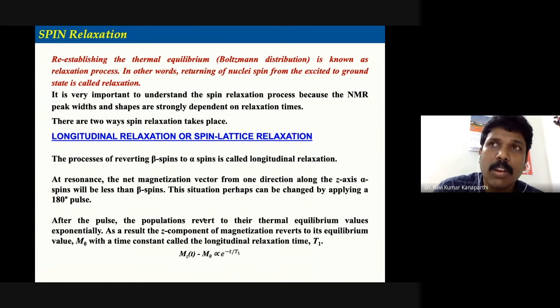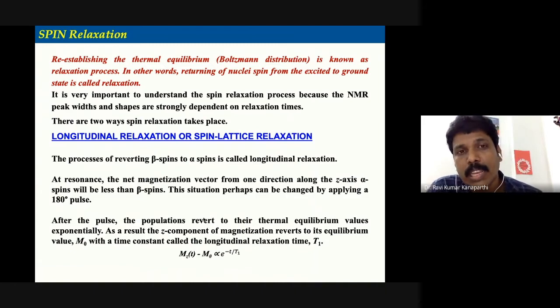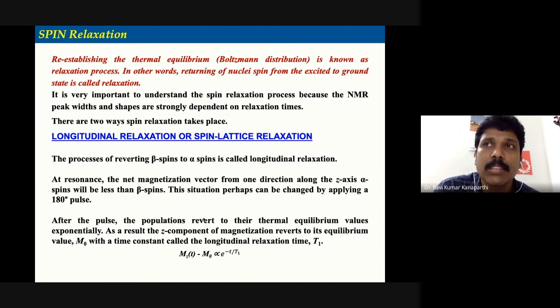Okay, so that is the quantum mechanical description, which I have not discussed previously. My previous topic was mostly to make you understand how the signal is detected in the NMR spectrometer through the classical description. But what exactly happens after applying the RF pulse, quantum mechanically, is that alpha spins make a transition to the beta spin state.